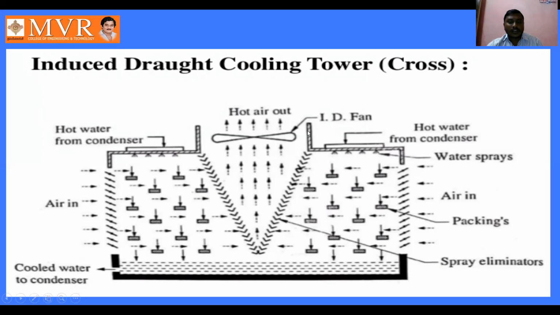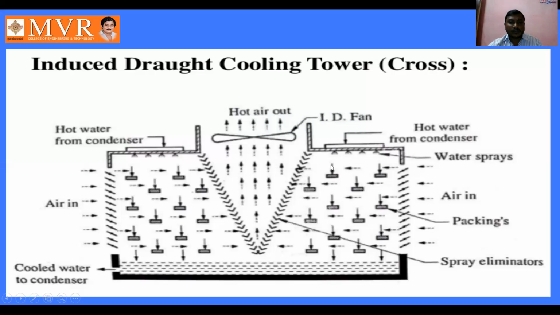Here in the induced draft, we are using a fan at the topmost position of the cooling tower. See here, the hot water from the condenser enters into the cooling tower, and these are the water sprayers. The hot water coming from the condenser is sprayed into the cooling tower, and the air enters here.